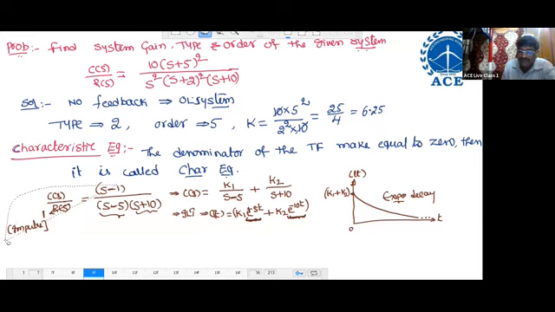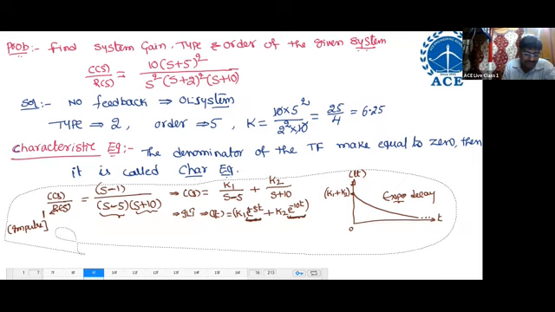That's why, for system behavior or characteristics, we consider only the denominator terms. Okay. Next.